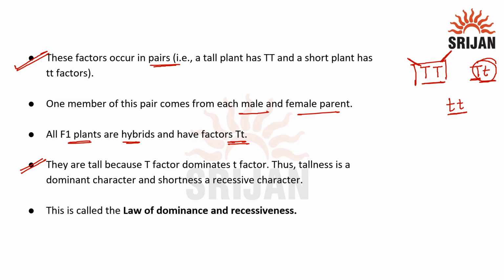We can say that tallness is a dominant character whereas shortness is a recessive character, which is called the law of dominance and recessiveness. So we know that in a hybrid plant the character that is represented is the dominant one and the character which is masked is the recessive one.